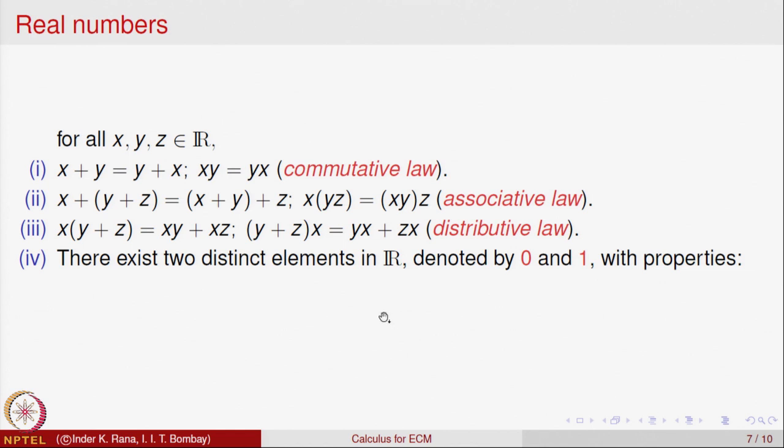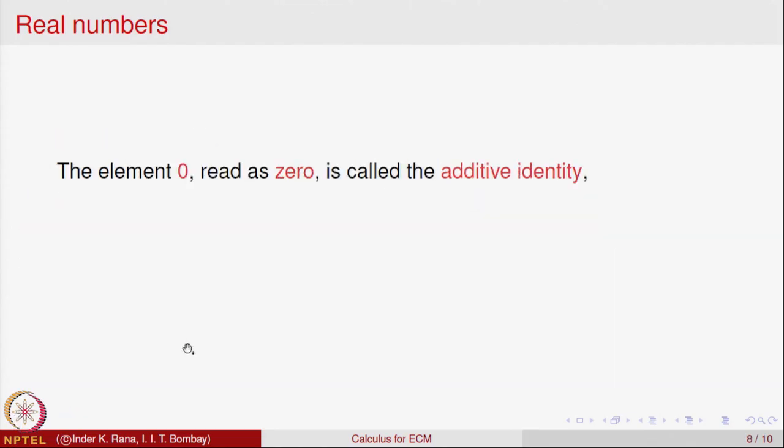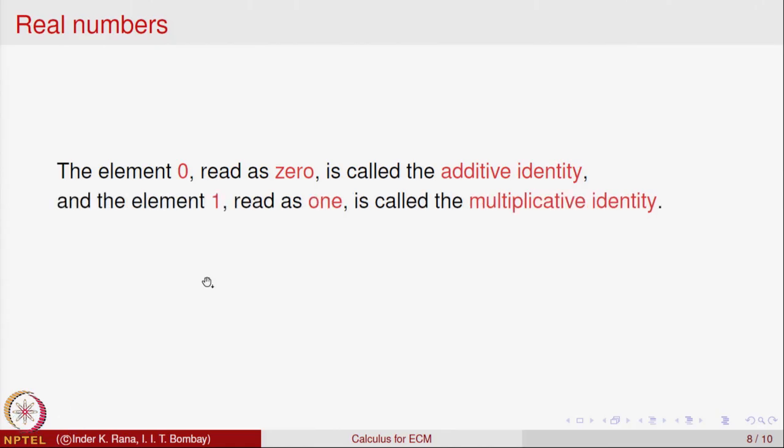There are two unique elements in the set R. They are denoted by 0 and 1 with the following properties, namely, if you add 0 to any element x, that is x itself, and similarly, if you multiply any element x with 1, that is x itself. So, 0 is the additive identity and 1 is the multiplicative identity.